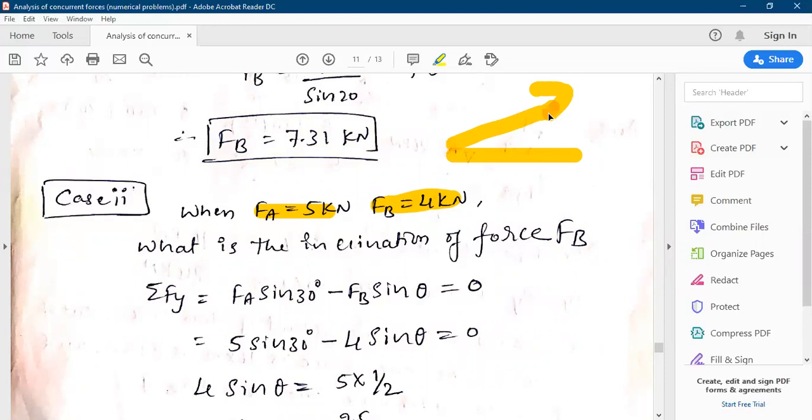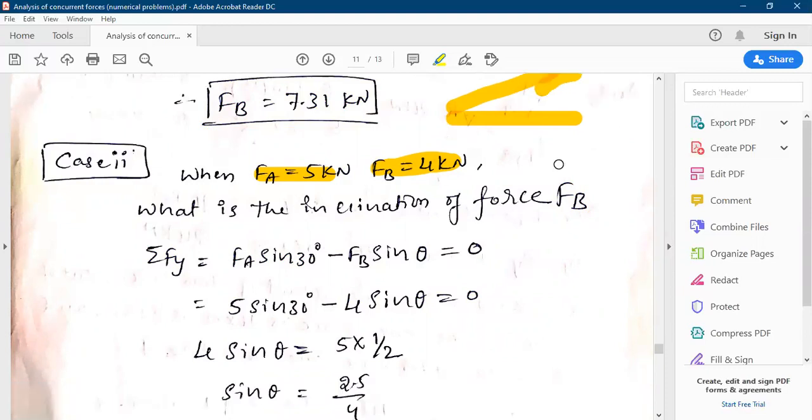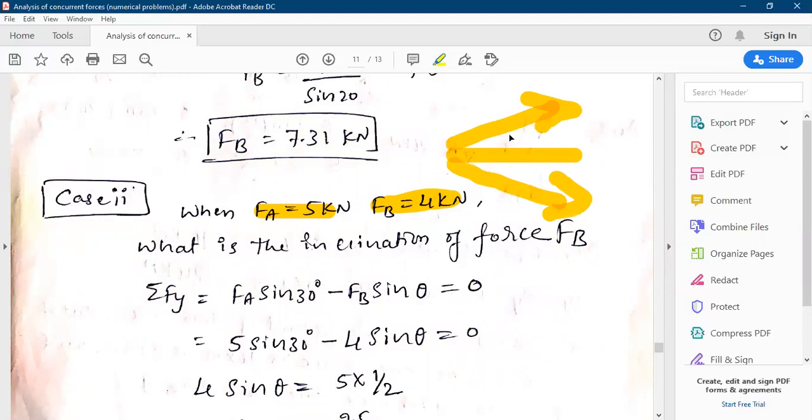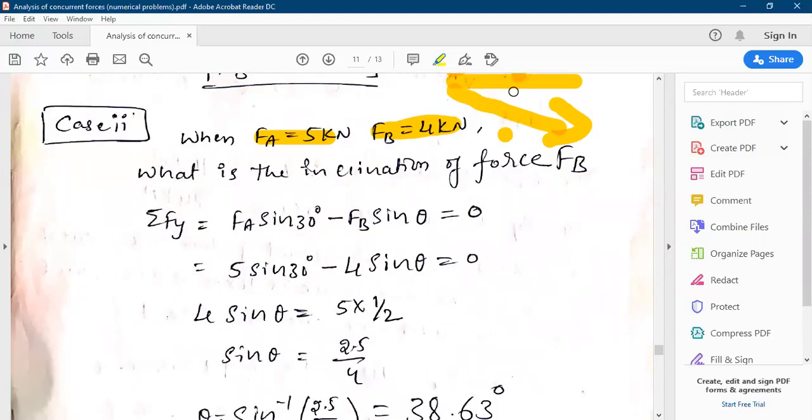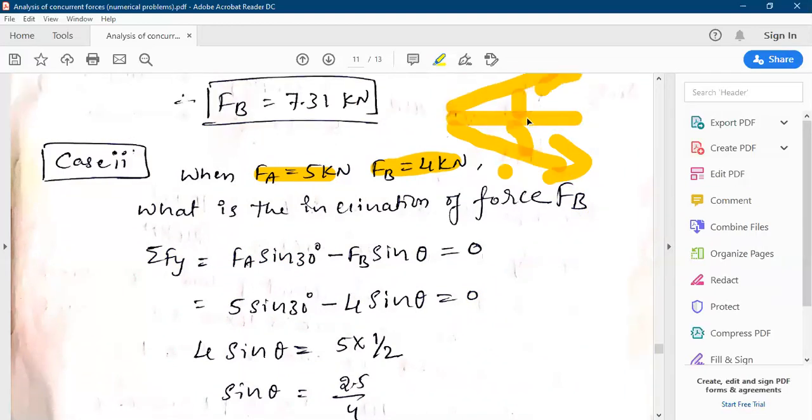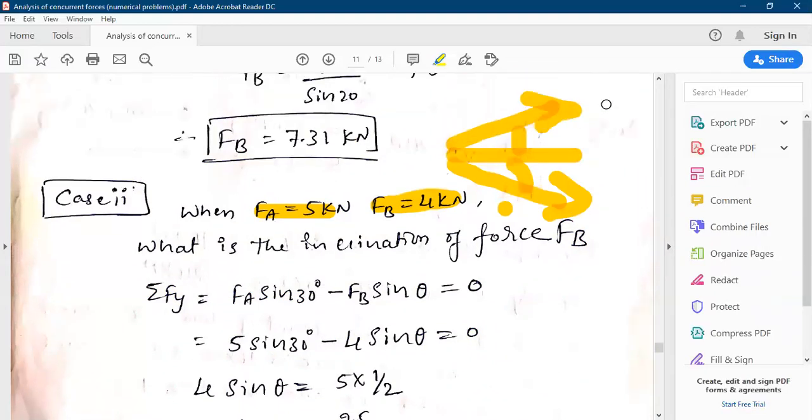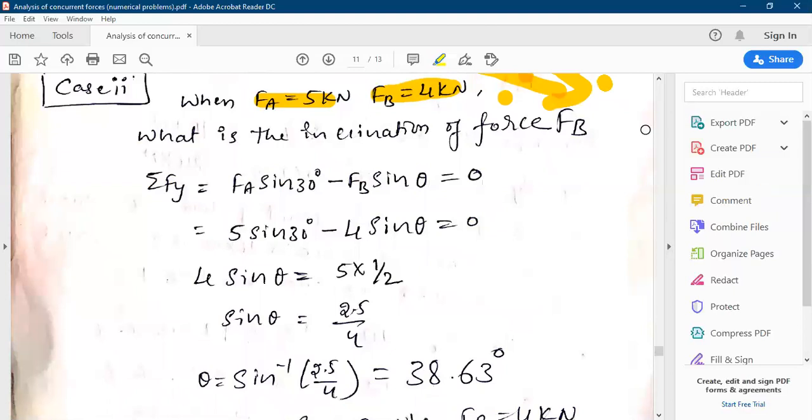This is Fa and this is Fb. Here theta is 30 degree and here theta is unknown. At this point, force Fa is 5 kilonewton and force Fb is 4 kilonewton.